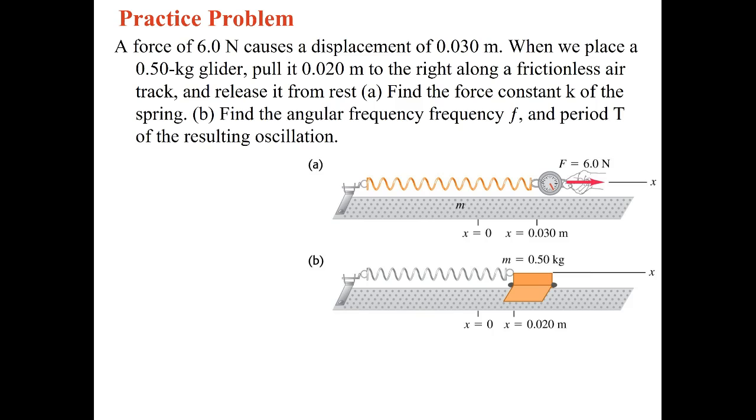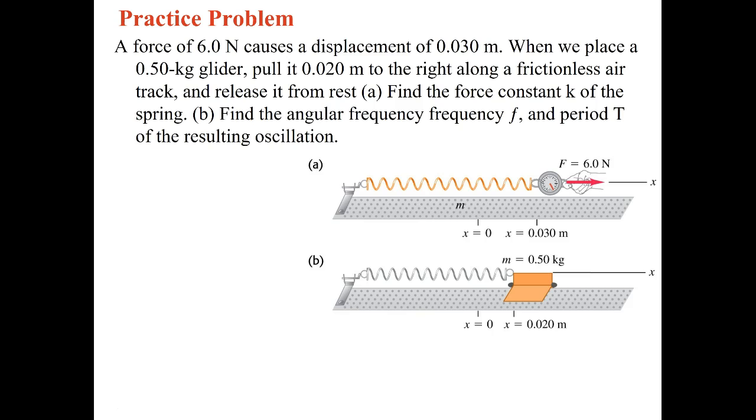So a force of 6 newtons causes a displacement of 0.03 meters. And we want to take a 0.5 kilogram glider and pull it and release it from rest. So we want to find the force constant, the angular frequency, and the period of the resulting oscillation.